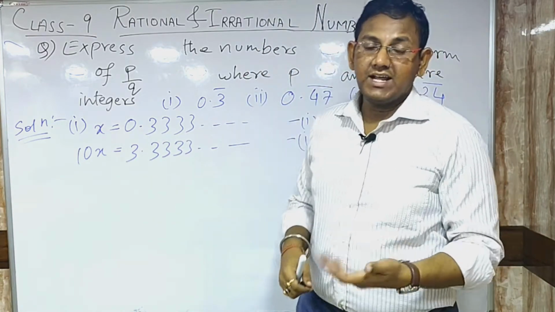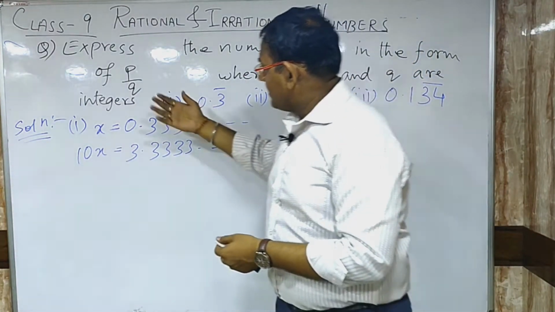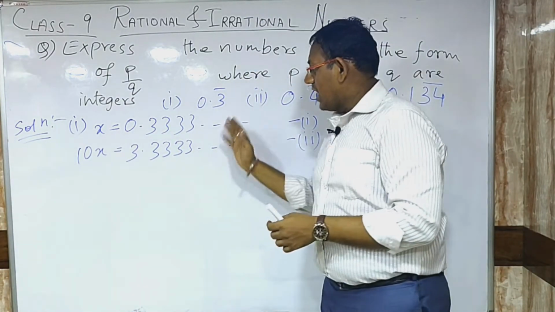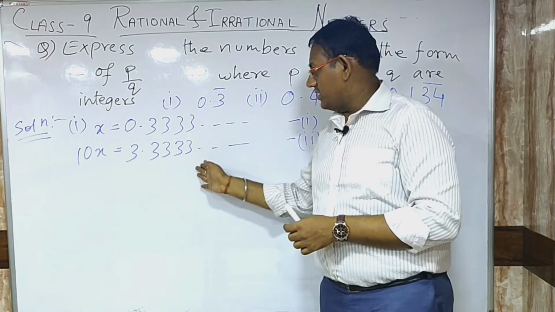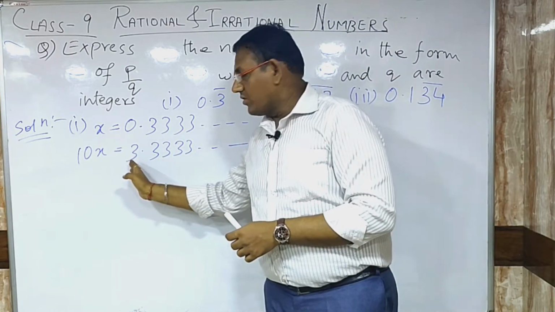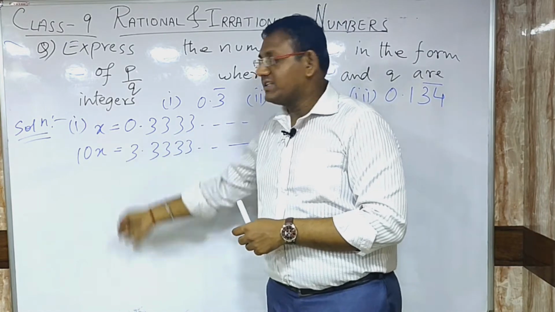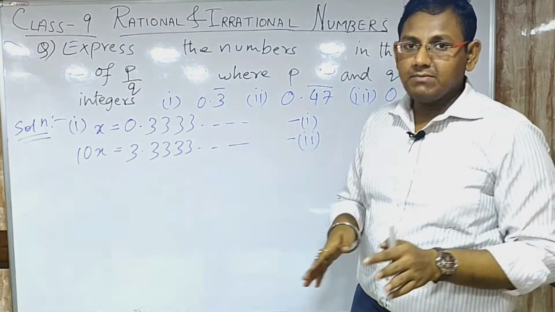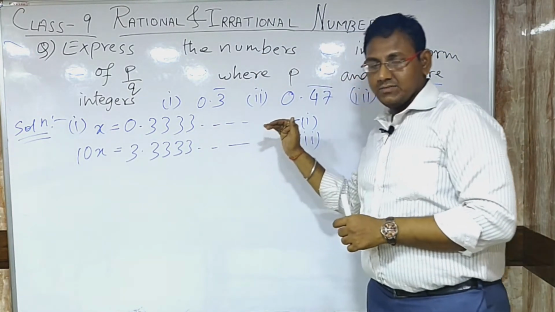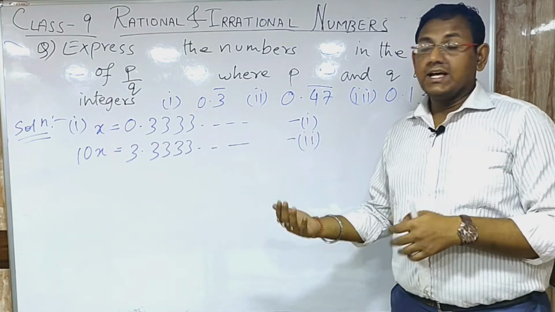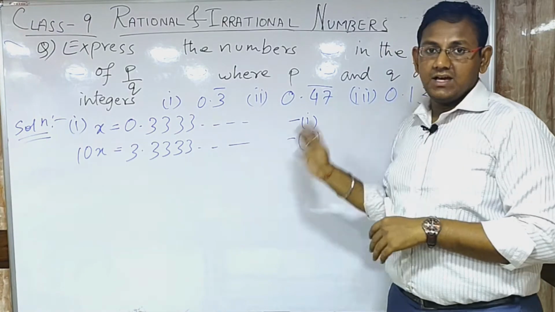Now a few of you might ask: sir, we have already multiplied the first equation by 10, so we should have one less 3 over here, because one 3 has already gone in front of the decimal place. But let me remind you, this is a recurring decimal. Recurring decimal means it keeps on going till infinity. That means how many 3's are there, we don't know.